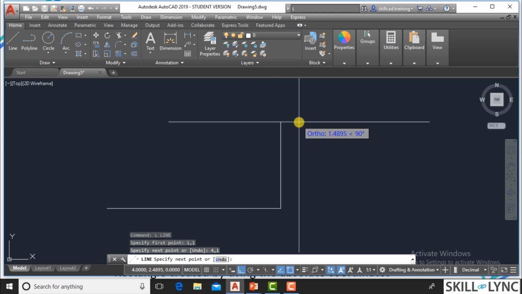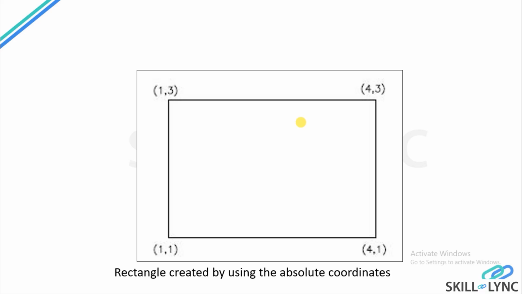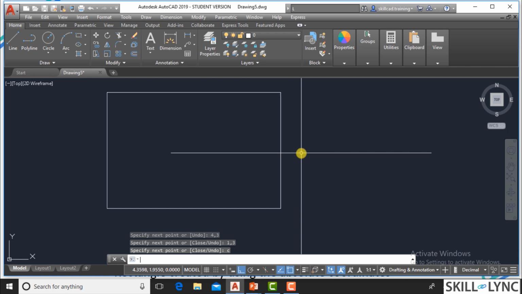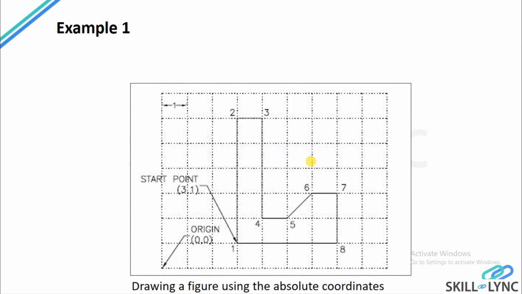Then 4, 3 is the next point, and then you have 1, 3, and now you can see a beautiful rectangle is created. Then close. So you have got it. A rectangle is created.